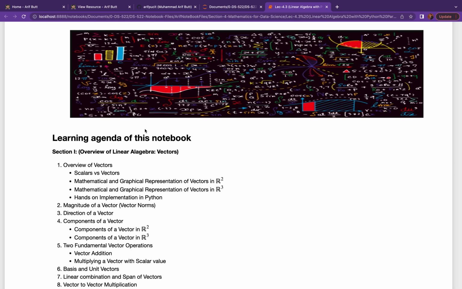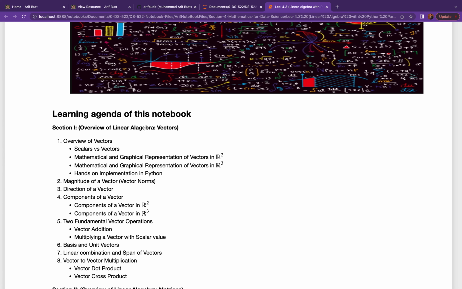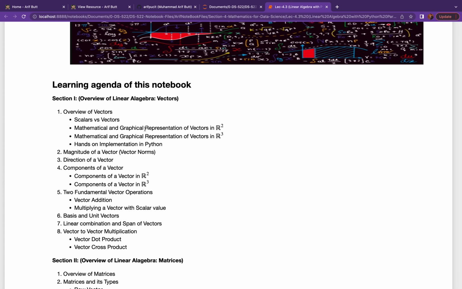And here is the agenda for today's session, which I have divided into three sections. Section 1 deals with vectors and the different operations that we need to perform on this data structure. I will be covering all these concepts along with Python code to give you proof of concepts as we progress.